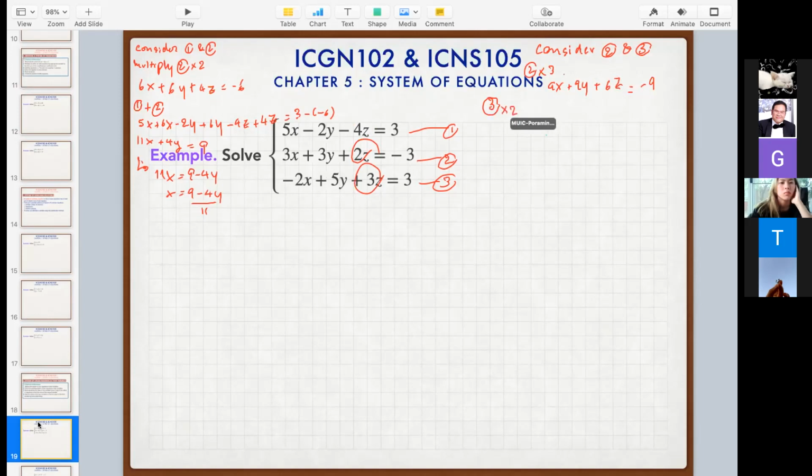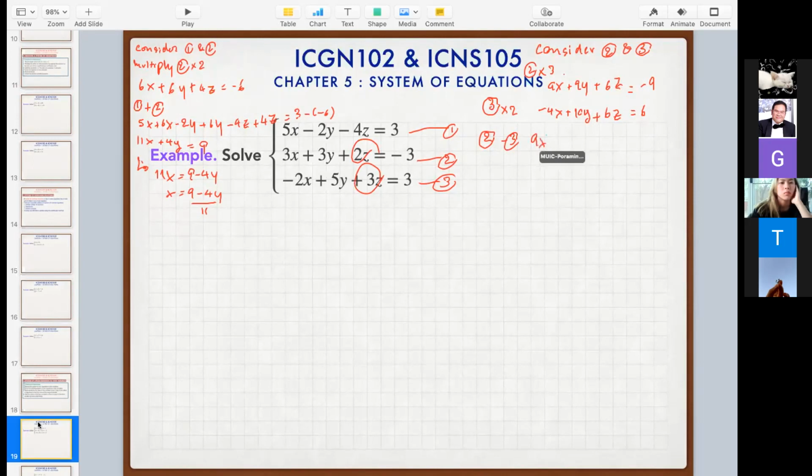I get negative 4x plus 10y plus 6z equals 6. So in here, I subtract equation 2 with 3.